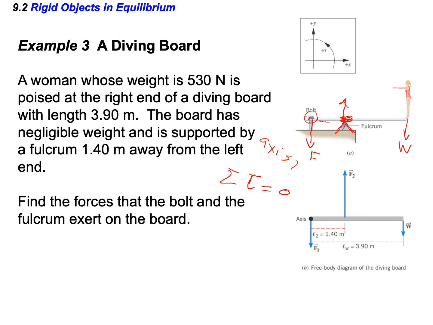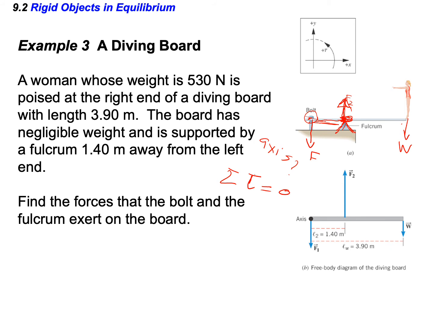So the torque from this force becomes 0, because the lever arm is 0, but you have a distance from this point to this, and you have to use that as lever arm for this weight, and then you have to consider this length for torque from this bolt, the force acting on the board from the bolt.